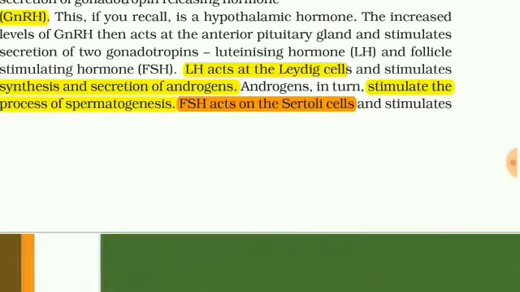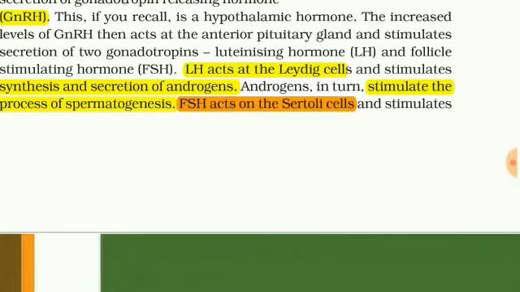In male, the LH acts on the Leydig cells, which produce a hormone that stimulates the synthesis and secretion of androgen, and androgen in turn stimulates the process of spermatogenesis. Spermatogenesis is nothing but the formation of the male gamete, that is sperm.